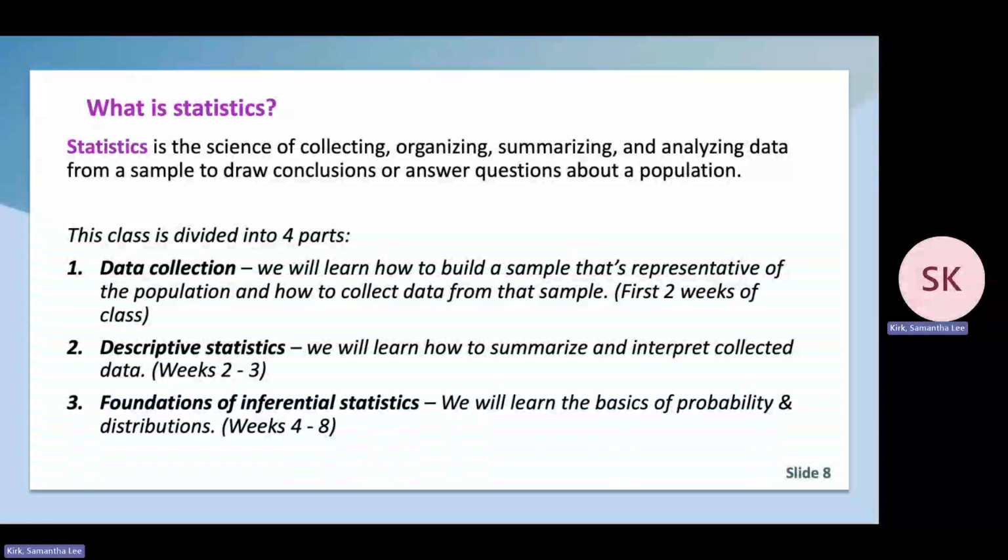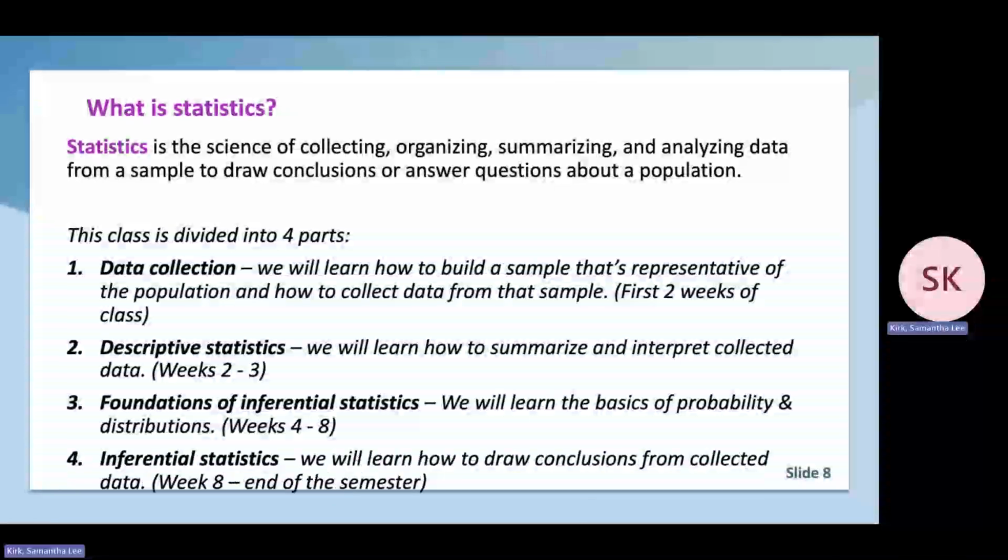And then our ultimate goal is to take these statistics and use them to build nets that will tell us something about the population. So weeks 4 through 8, we have to learn some foundations for how we can do this. It involves probability and probability distributions. So we'll look at that through weeks 4 through 8.